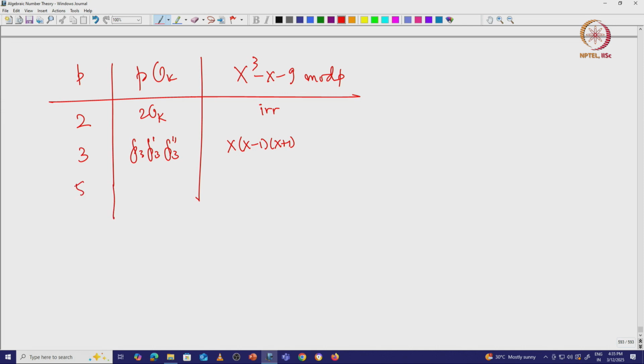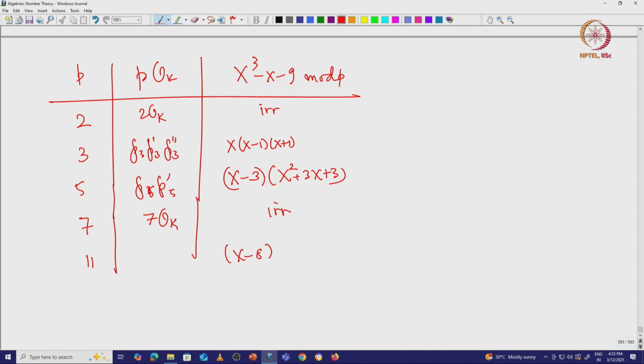If you take 5, then this factorizes as x minus 3 into x squared plus 3x plus 3, and so this is P5 into P5 prime. For 7, this is irreducible, you can check it, and so it is just 7 times O_K. For 11, this factorizes as x minus 8 into x squared plus 8x plus 8, and so again it is P11 into P11 prime, and for 13, this is irreducible, so this is 13 O_K.